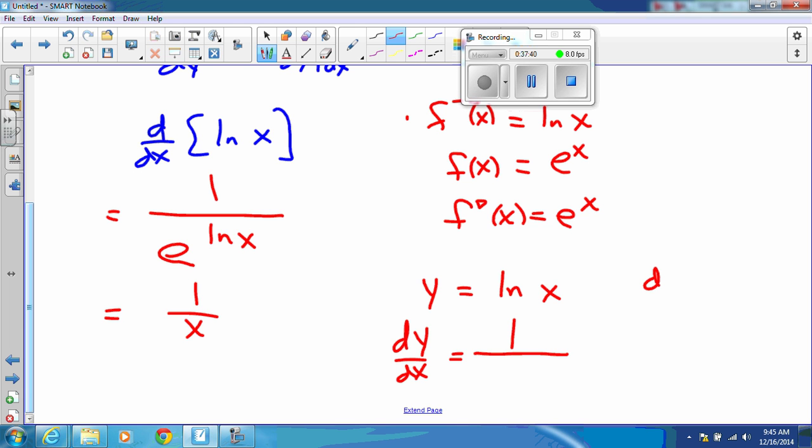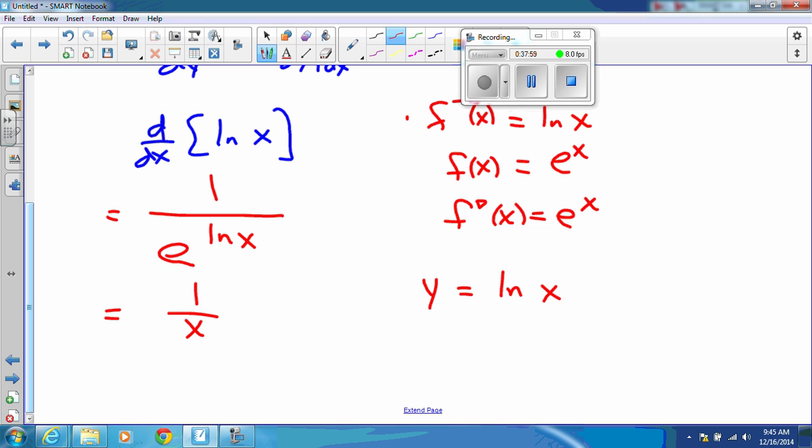So let's take a derivative with respect to y on both sides. That doesn't really help us.